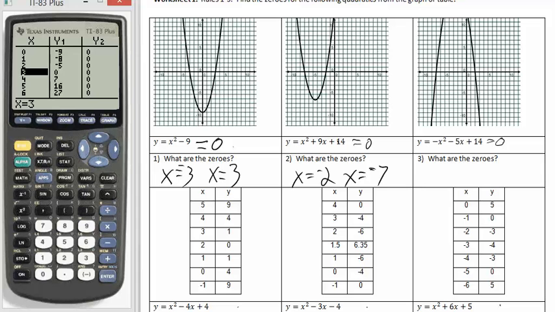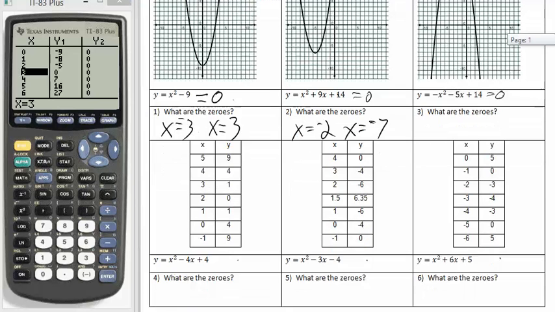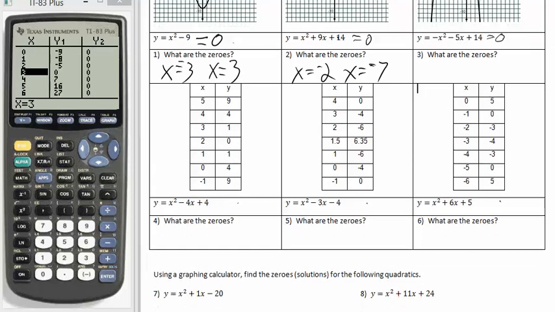So one of the solutions on this one back here would have been when x is equal to 3, and then we already know that answer, x is equal to negative 3, y is also 0. So if we look at this table for when y is equal to 0, x is equal to 2.